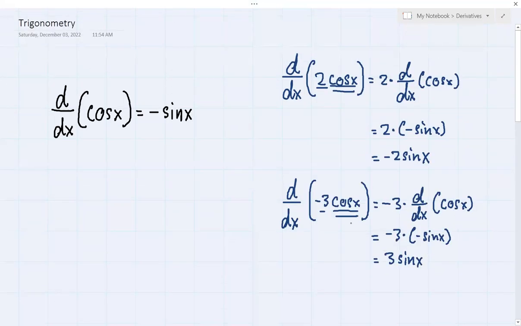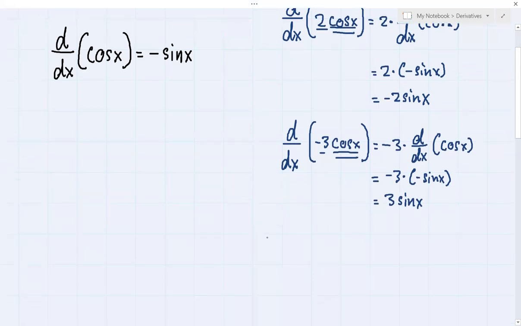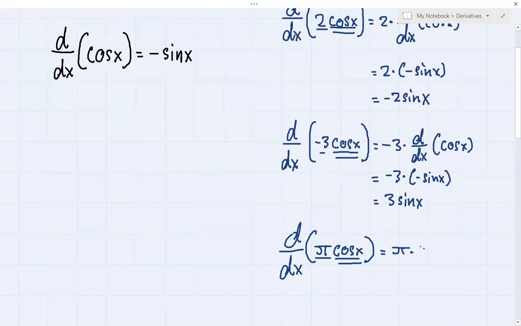Alright? So, now let me give you one more example. Ano naman ang derivative ng, let's just say, pi times cosine x? So, dito, okay, we have a constant na si pi times cosine x na trigonometric function. So, the same thing. Pi times the derivative of cosine x.